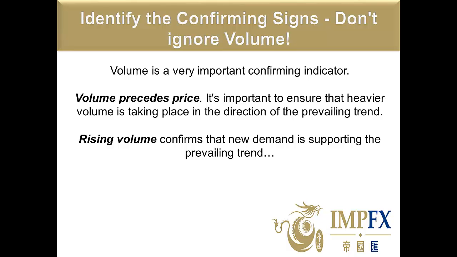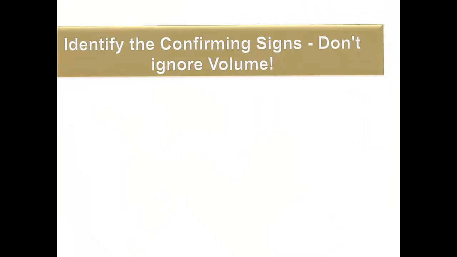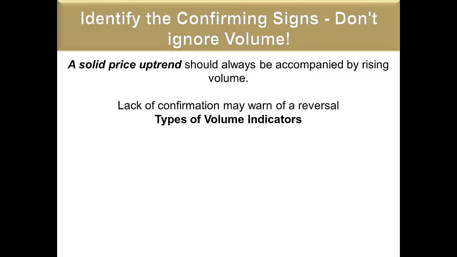Rising volume confirms that new demand is supporting the prevailing trend. Declining volume is often a warning that the trend is near completion. A solid price uptrend should always be accompanied by rising volume. Lack of confirmation may warn of a reversal.